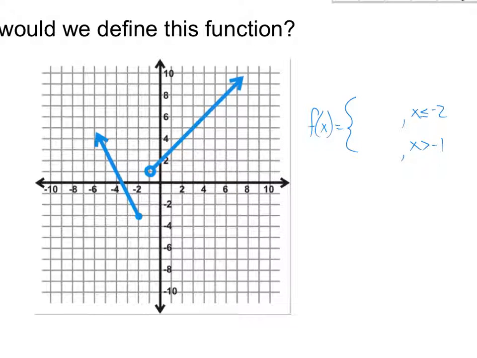You guys know how to find the equation of a line, so we'll go through this quickly. This one hits the y-axis at 2 and has a slope of 1, so this is just x plus 2. This other one has a slope of negative 2, and if we keep going, we hit the y-axis at negative 7. So that's negative 2x minus 7. That would be the definition of that piecewise function.